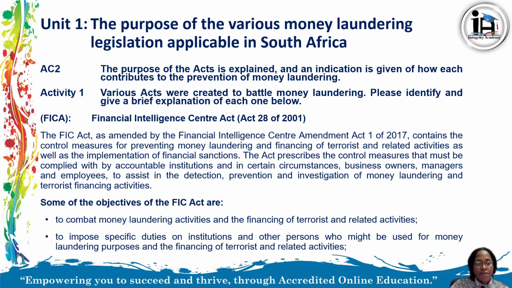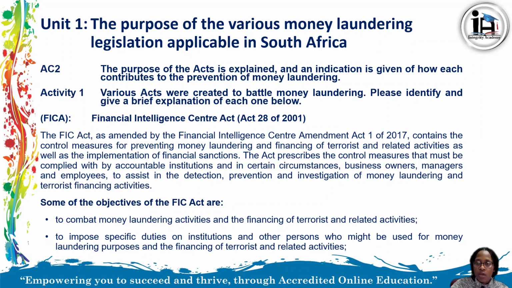The first one is the FICA, Financial Intelligence Centre Act 38 of 2001. The Financial Intelligence Centre Act, as amended by the Financial Intelligence Centre Amendment Act 1 of 2017, contains the control measures for preventing money laundering and financing of terrorist and related activities, as well as the implementation of financial sanctions.